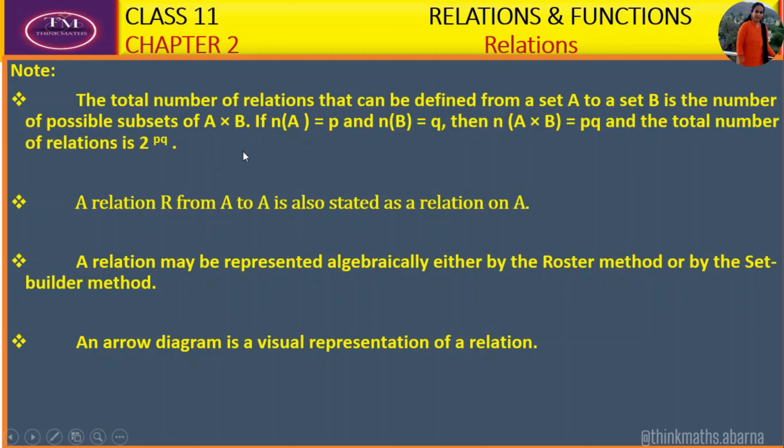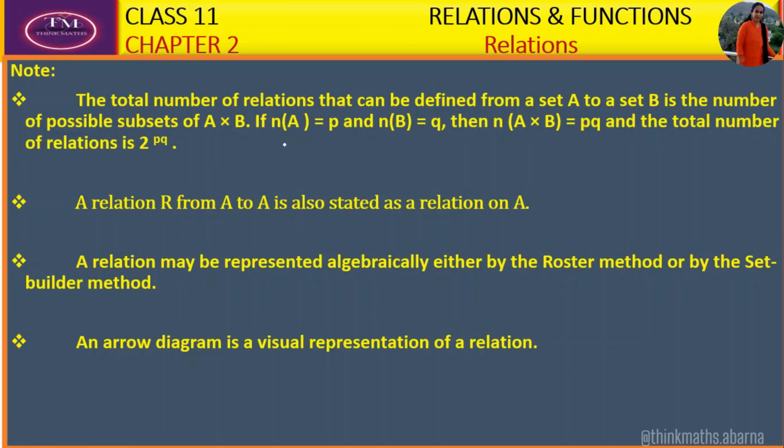Suppose the number of elements in A is P and the number of elements in B is Q, then the number of elements in A cross B is the product P into Q, so it is PQ. So the total number of relations will be 2 to the power PQ.